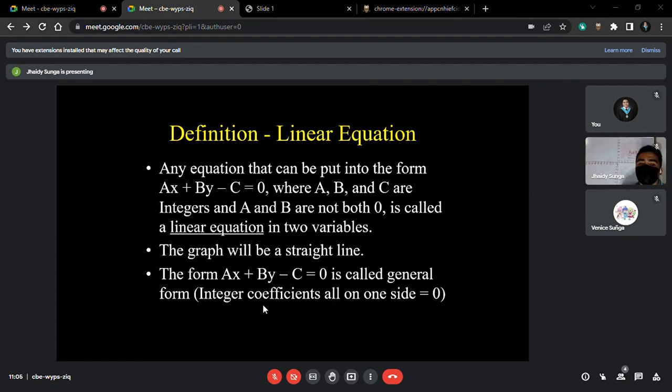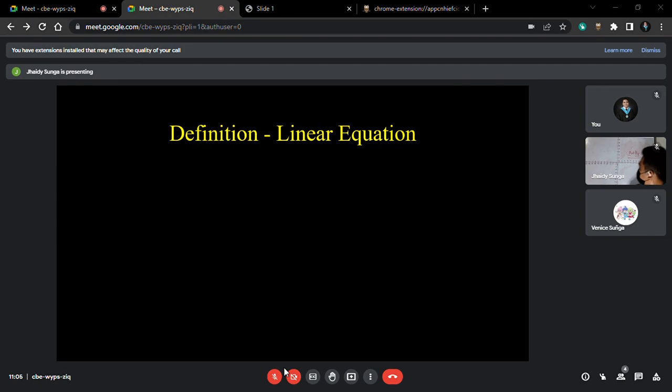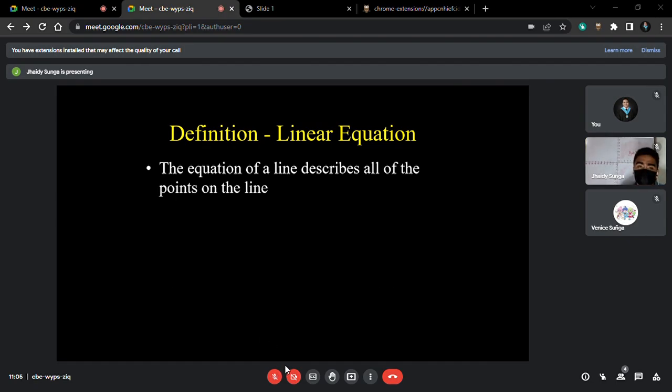So from this general form, it is also defined that the equation of a line describes all of the points on the line. Later on, we will be tackling some examples on how we are going to know if a point is on the line.